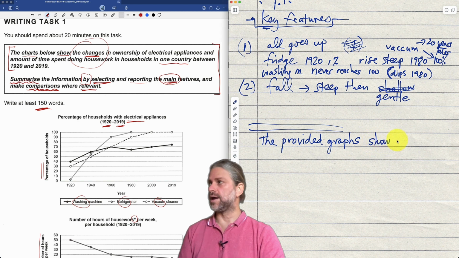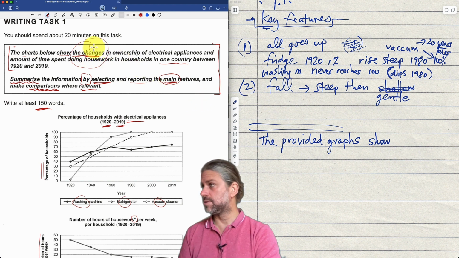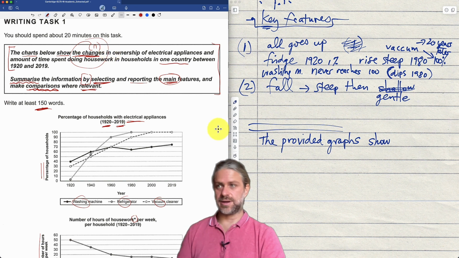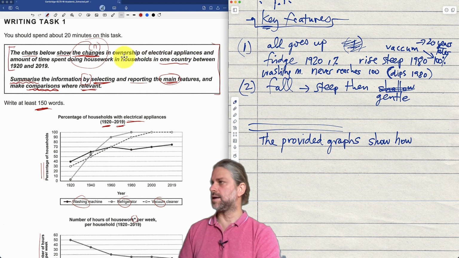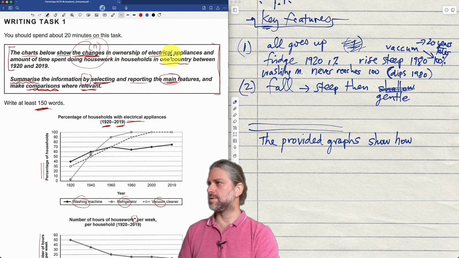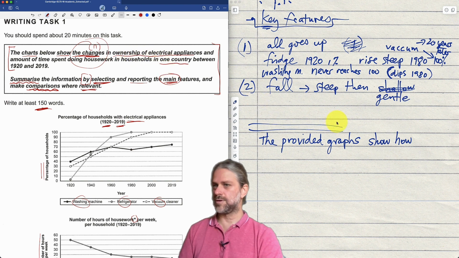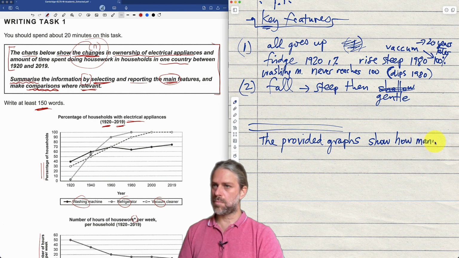And now it says the changes, and the changes is a noun. So what can I do? I can make it into a verb. How? So I can show how the ownership, how it can show how many electrical appliances.